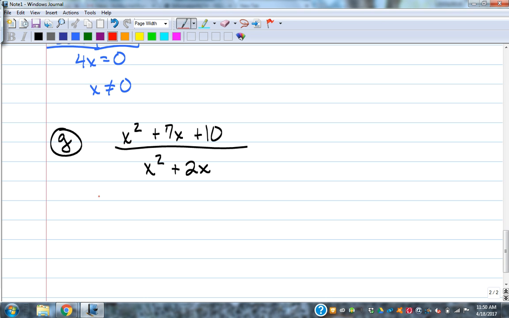Excluded values. How do we find those again? Bottom part equal to 0. Now it's got x squared plus 2x is equal to 0. How do I solve that?